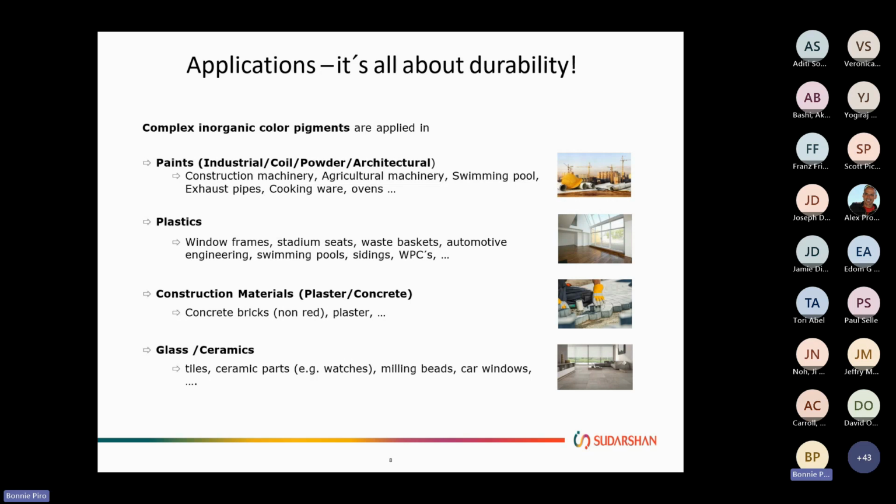They are used in plastics, certainly in siding, window frames, construction materials. They show up in bricks and plaster and concrete. Glass and ceramics, very high temperature application area. That's where these are very good because they are created at such a high temperature.